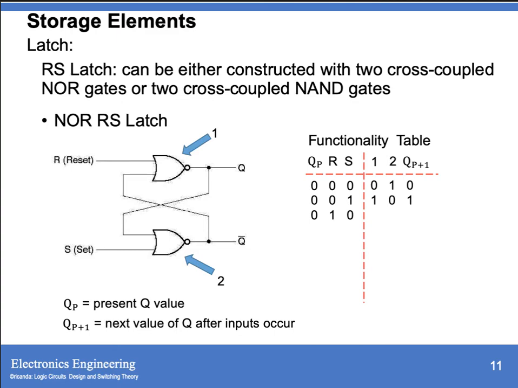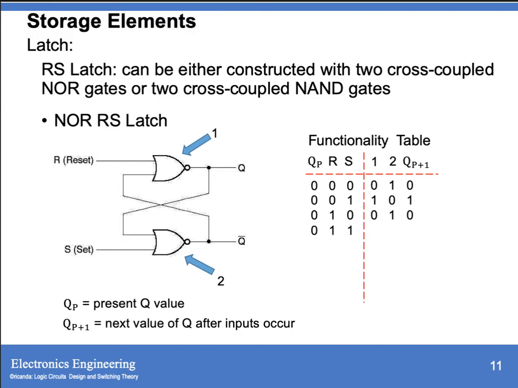Then for 1, 0, R is 1, S is 0. Since your R is 1, we have an output of Q equivalent to 0. 0 NOR with 0 is equal to 1. So we have 1 for gate 2 and 0 for gate 1.